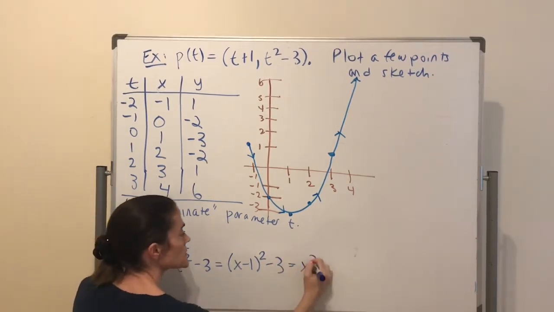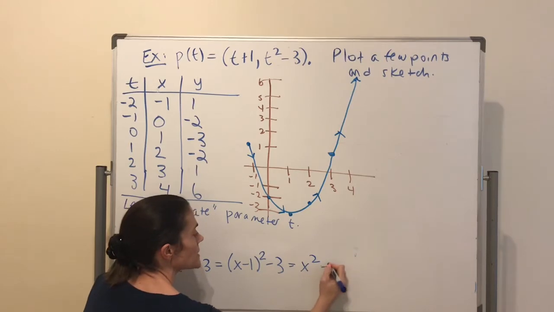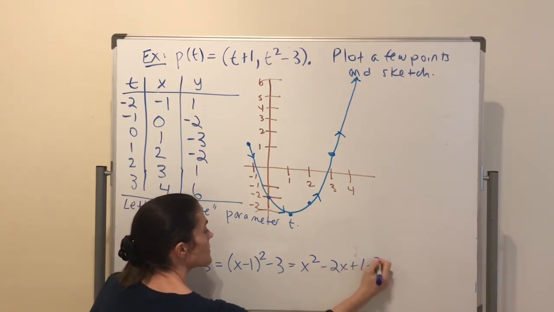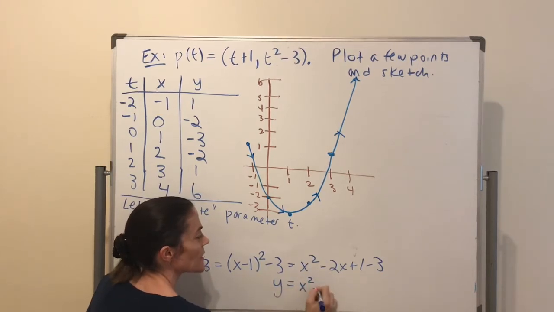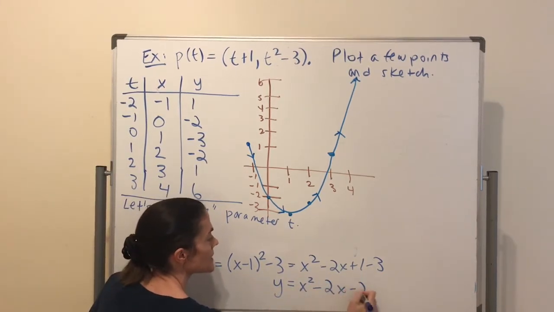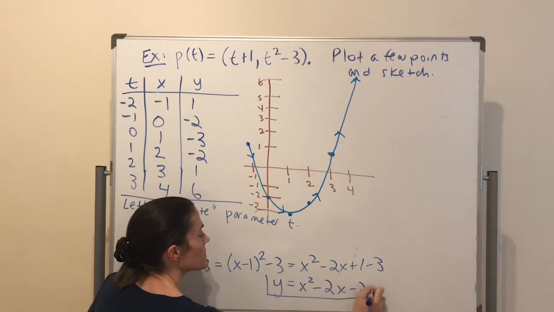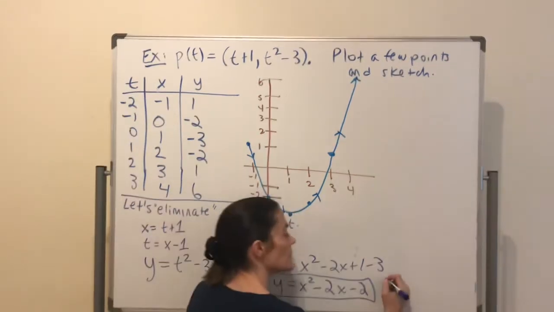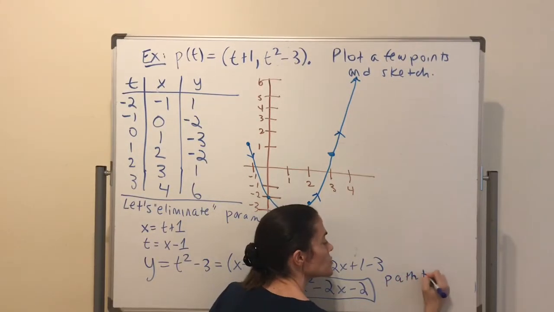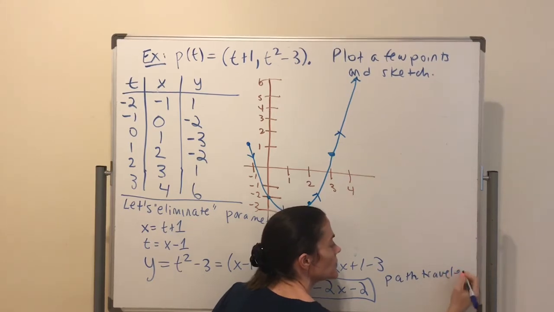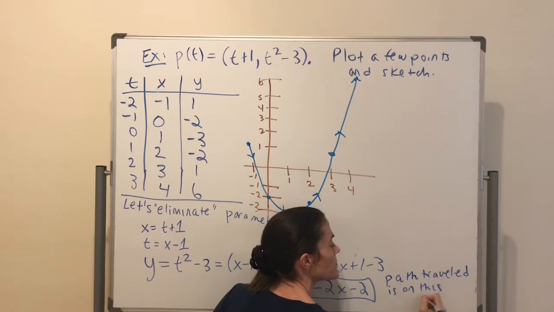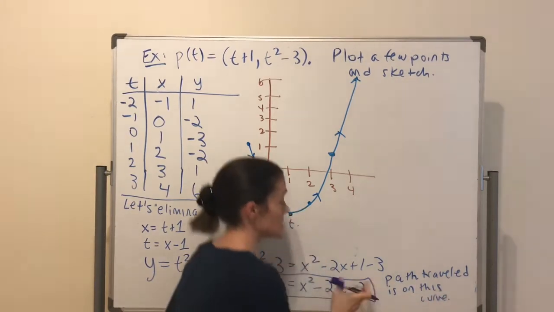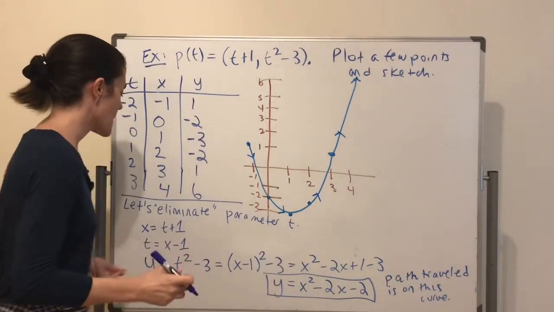This is x squared minus 2x plus 1 minus 3. We get, finally, x squared minus 2x minus 2. And so the path traveled is on this curve. And we see this sketched, okay?